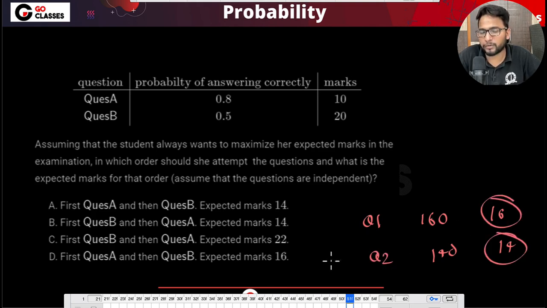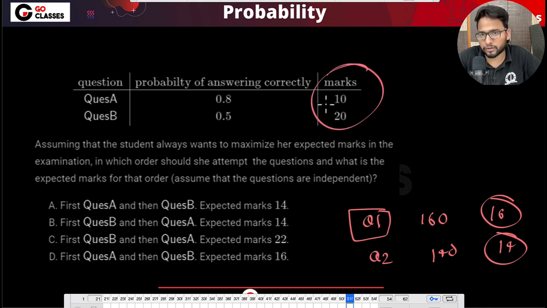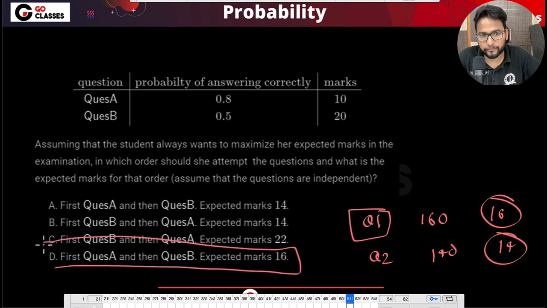Question 2, 14 should be answered. So the correct answer here is question 1 should be attempted first. And with question 1, you will be getting 16 marks. 16 prize money, right? Or okay, here not the prize money, here it is marks. Cool. So first question A, then question B, and 16 should be the answer. Yeah, I think D is the answer.